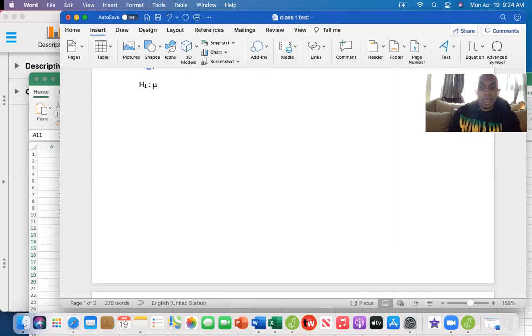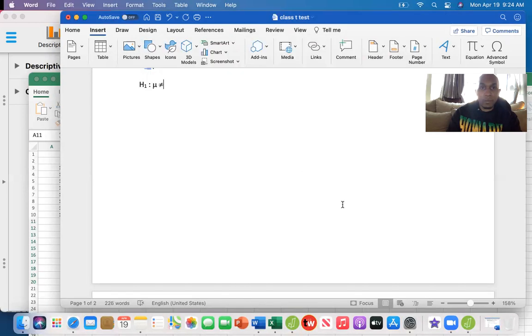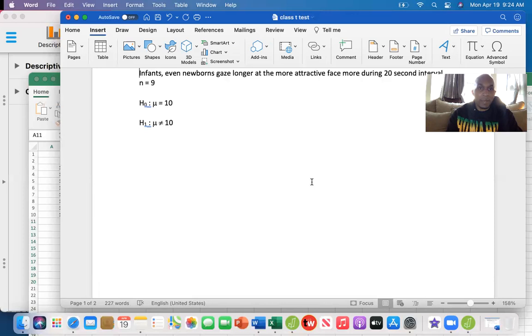I'm going to say it's not equal to. I wonder if there's a symbol for that. Not equal. Probably not. Or maybe. Yeah, that's here. Okay, so we have our null and our alternative hypothesis.